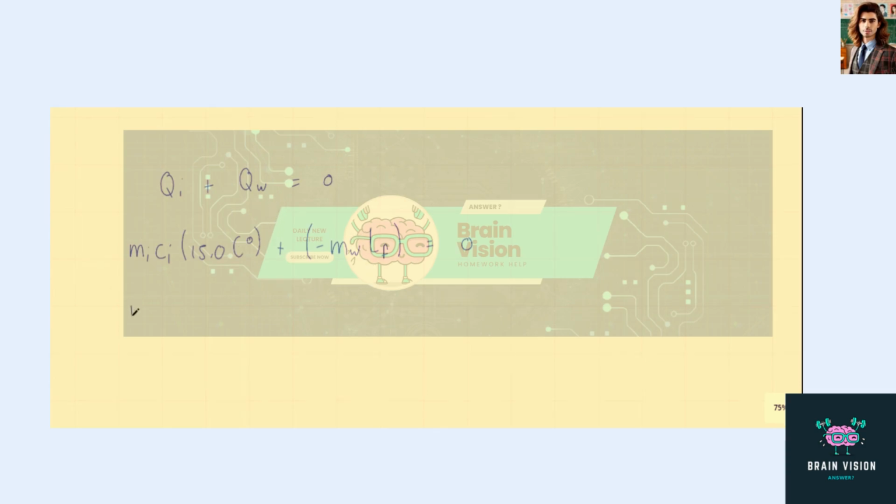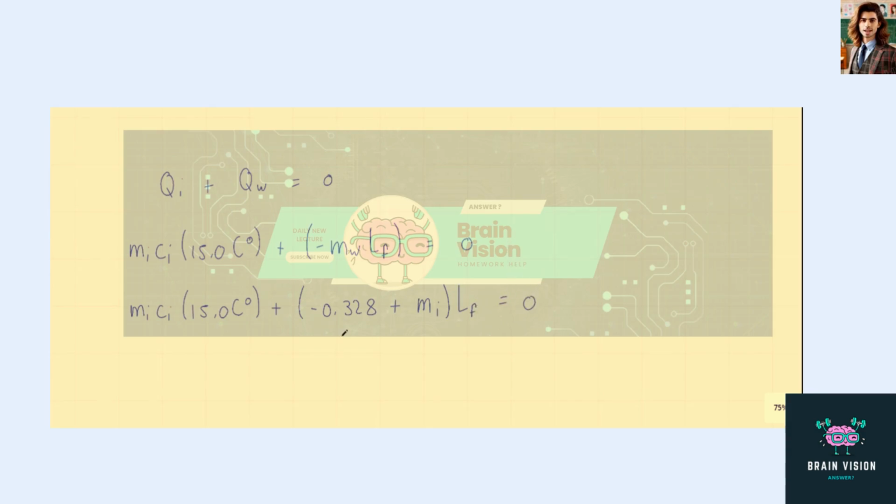So that is Mi Ci times 15, plus, and now we'll eliminate Mw, minus 0.328 plus the mass of ice Mi, times the latent heat of fusion Lf, is equal to 0.